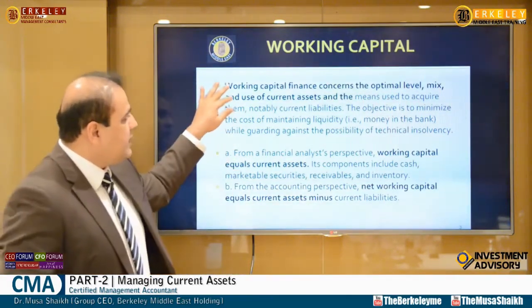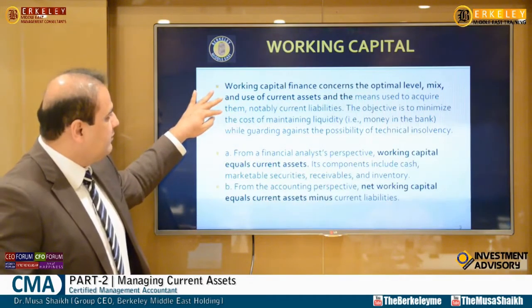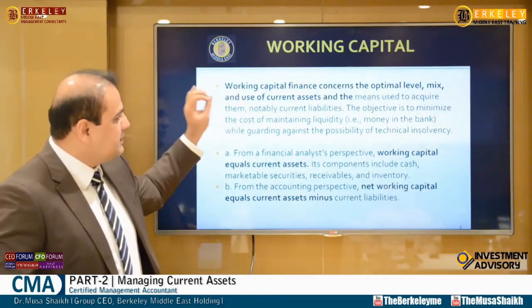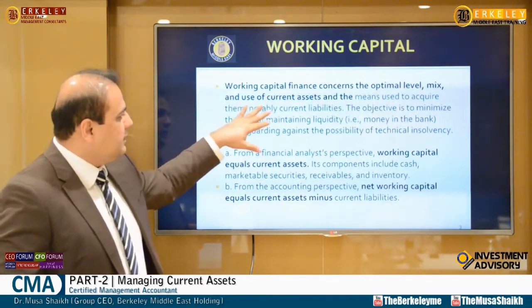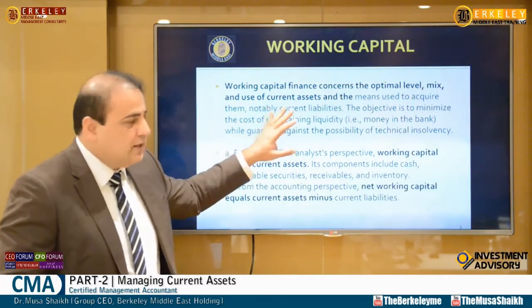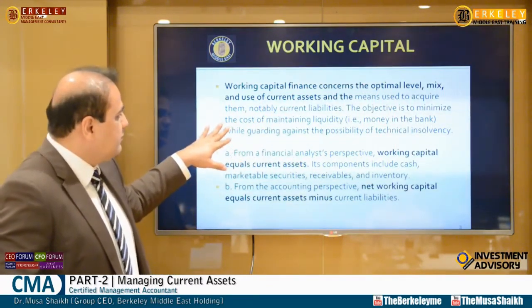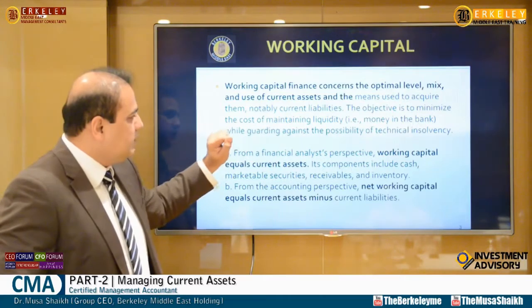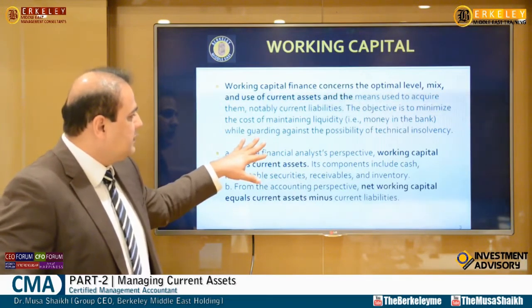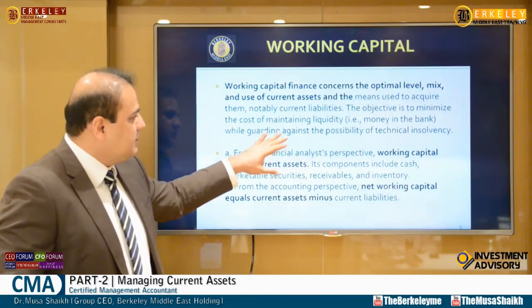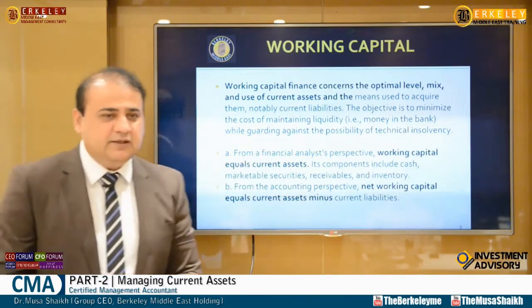So working capital finance concerns the optimal level, mix and use of current assets used to cover the current liabilities. The objective is to minimize the cost of maintaining liquidity while guarding against the possibility of technical insolvency.